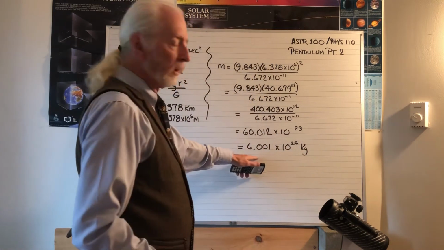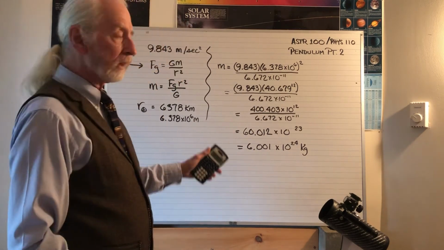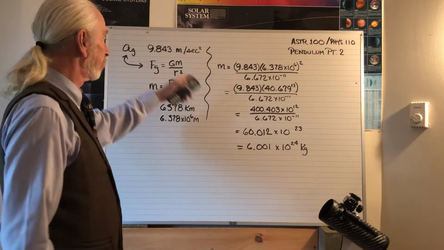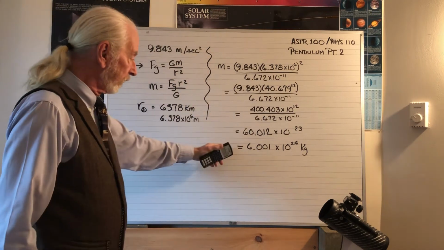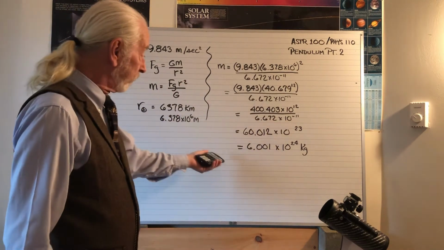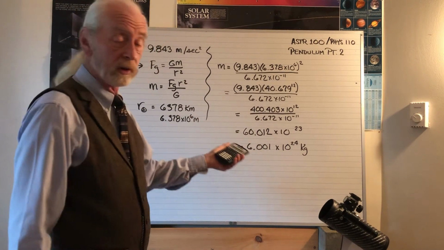And that's a little bit high, but we would expect that because our gravity was just a little bit high. So that would be consistent with our original number. So there you go. It's as simple as that. Now we know the mass of the Earth.